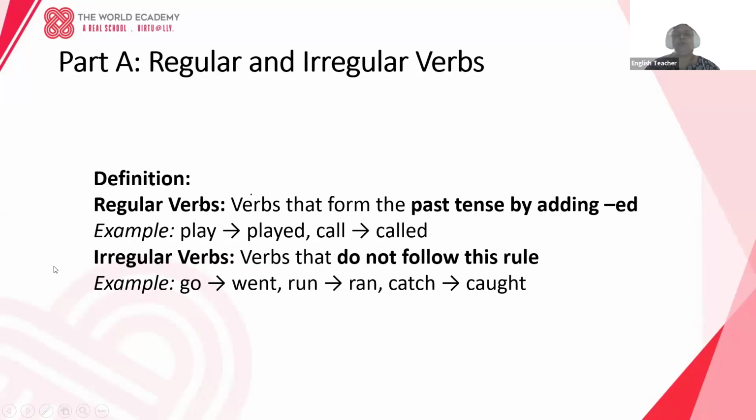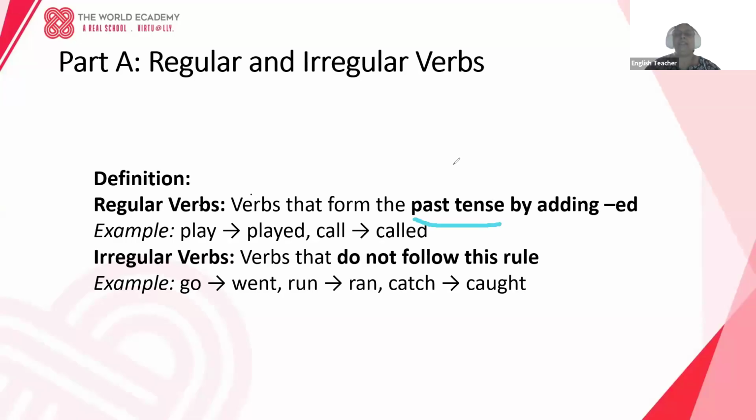So let's come to the teaching part. Part A is going to be regular and irregular verbs. Students, when I say regular and irregular verbs, it's a very simple differentiation. It's a very simple rule that we need to follow. When I say regular past tense, we are talking about past tense.